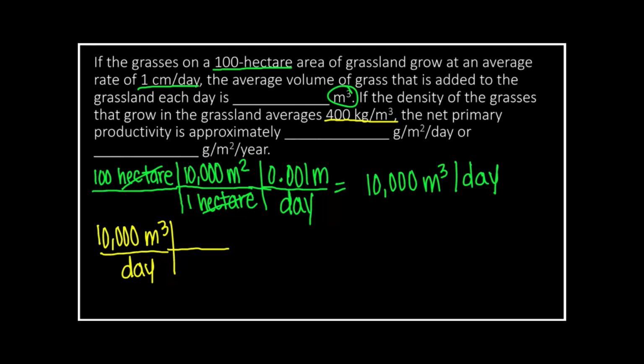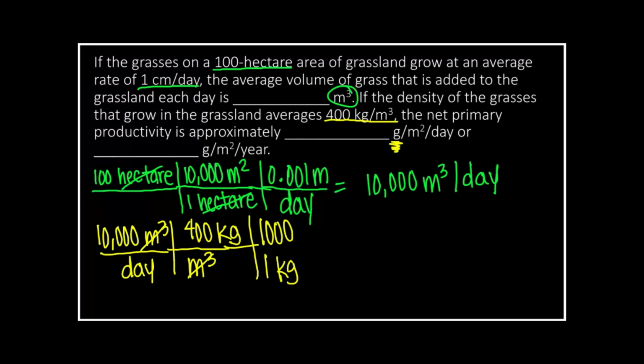Okay, so now let's see what we've got. I've got 400 kilograms per meters cubed. Okay, so that crosses out my kilograms. Now I need to convert my kilograms to grams because the answer they want is in grams. So we have 1 kilogram is 1,000 grams.